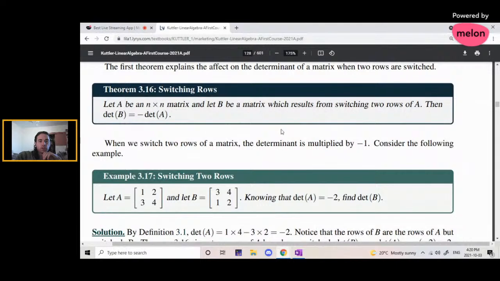Oh, here it states it in the other theorems, right? So we have a couple different results. First we have a theorem. We have 3 row operations.